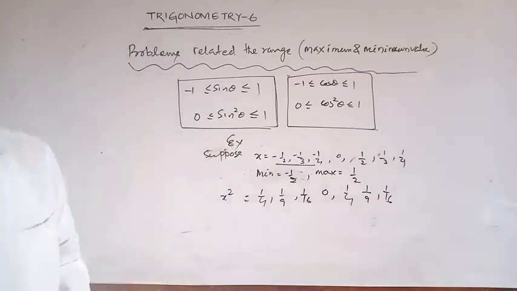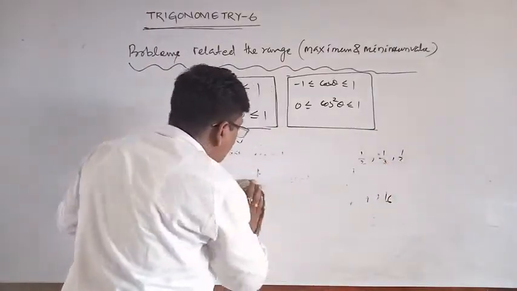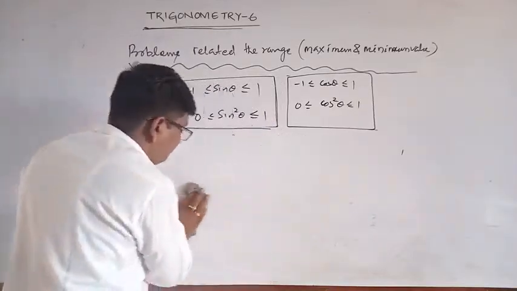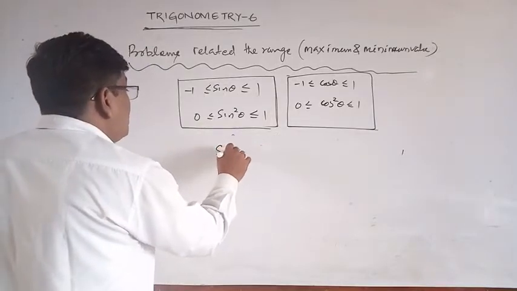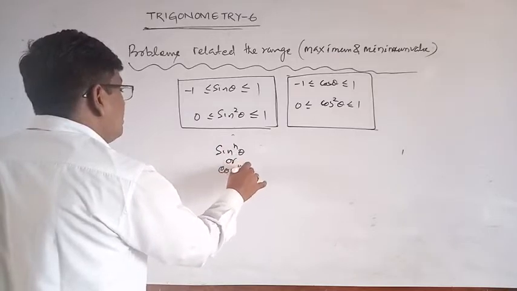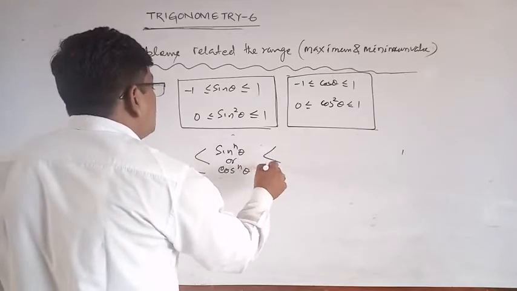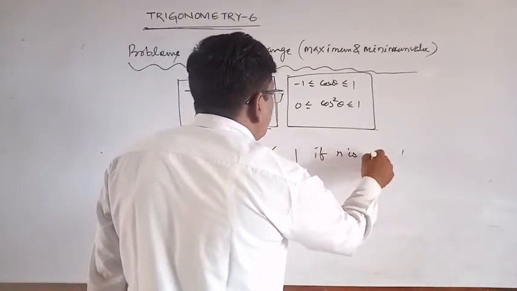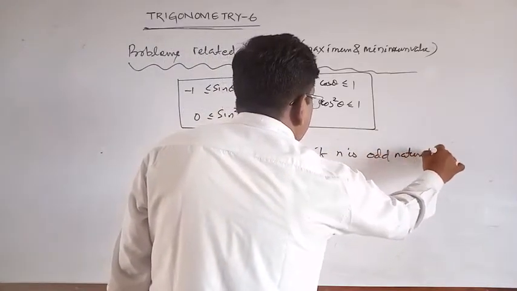1. So in general, I am giving a general formula. In general, sin n theta or cos n theta lies between -1 to +1 if n is an odd natural number.